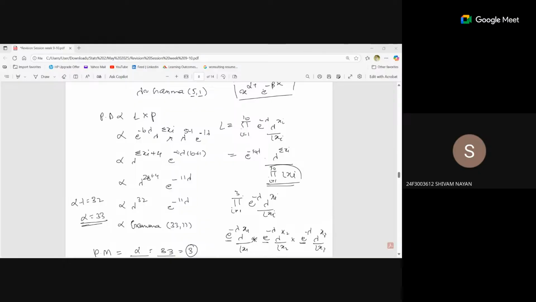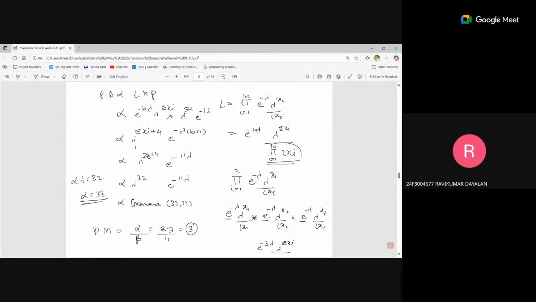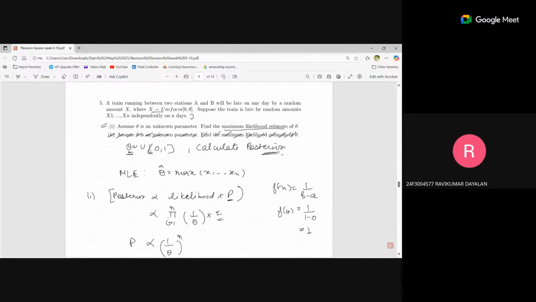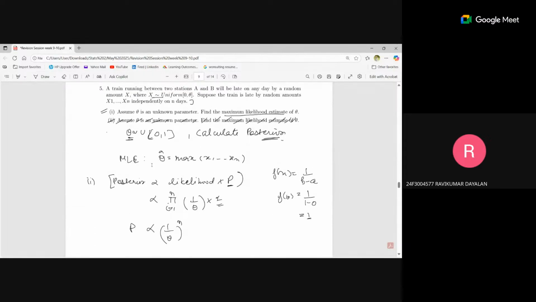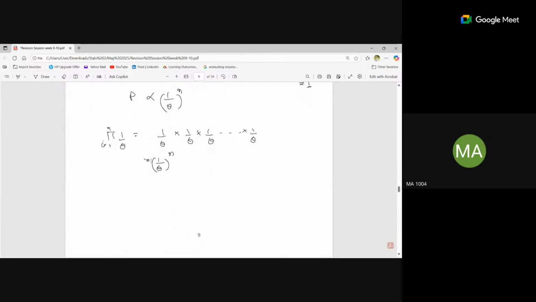Ma'am, in the last sum, the first part, can you please explain it one more time? The last question, the 5th question, part 1. The first part, ma'am. Maximum likelihood estimate. So how do you calculate the maximum?